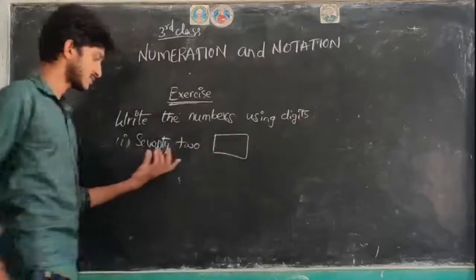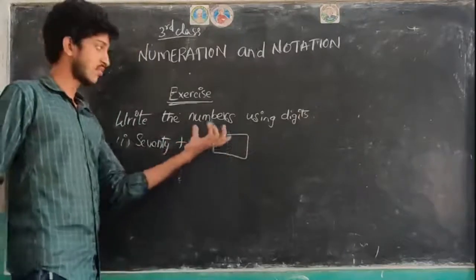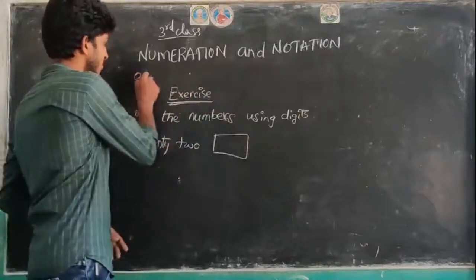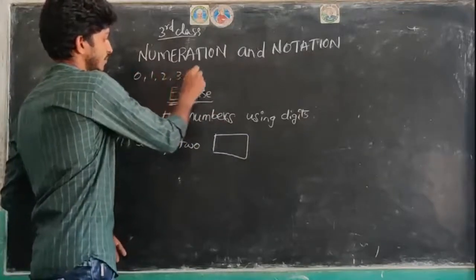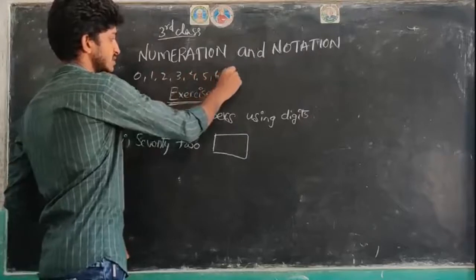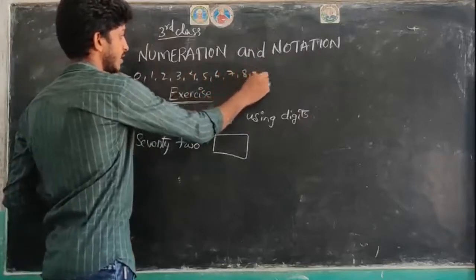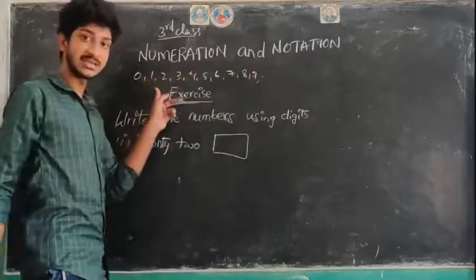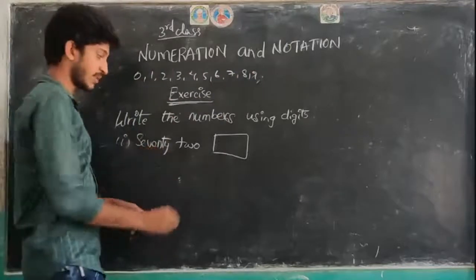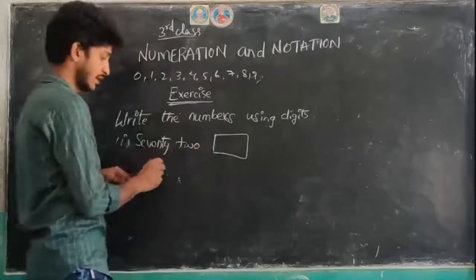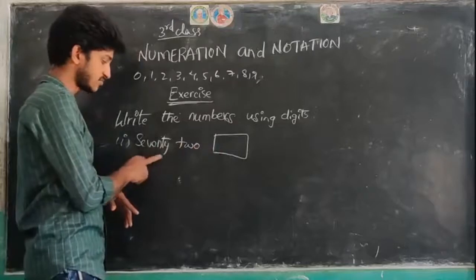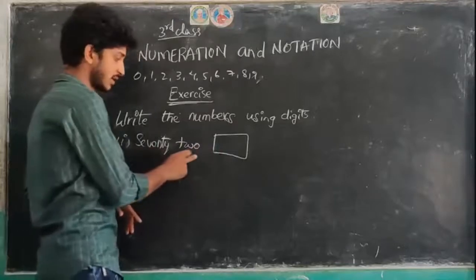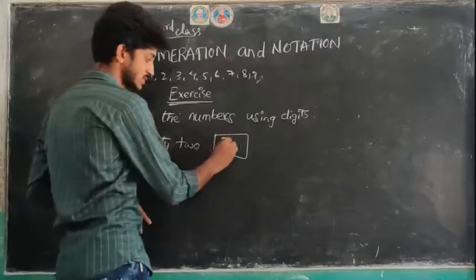We can write this 72 in a digit form, which means we have to use these digits 1, 2, 3, 4, 5, 6, 7, 8, 9. Digit form means number form. So in 72, in tens place we have 7 and ones place we have 2. 72.